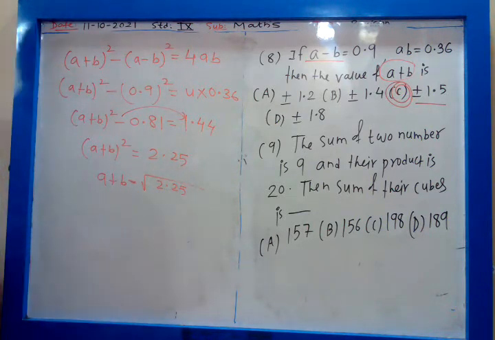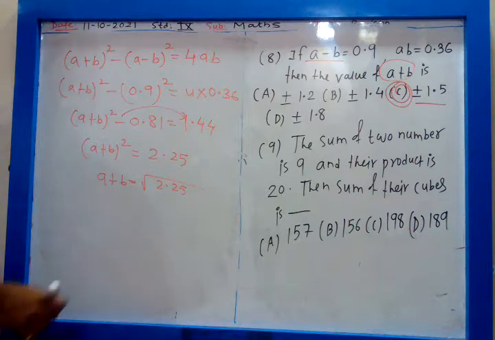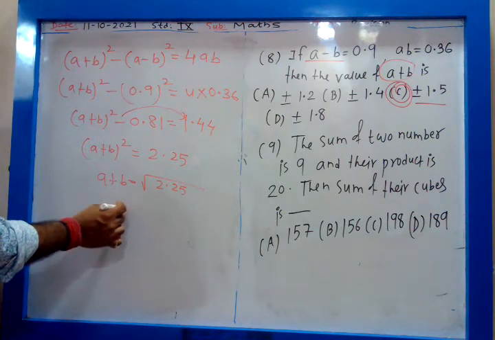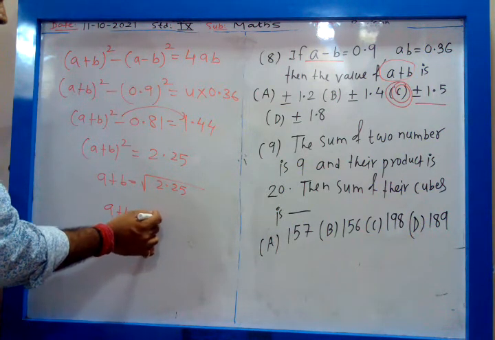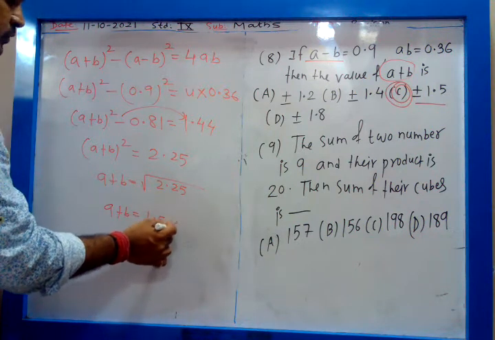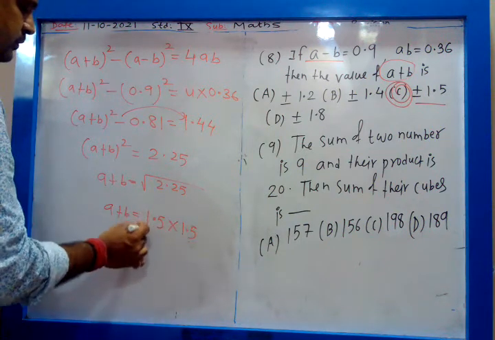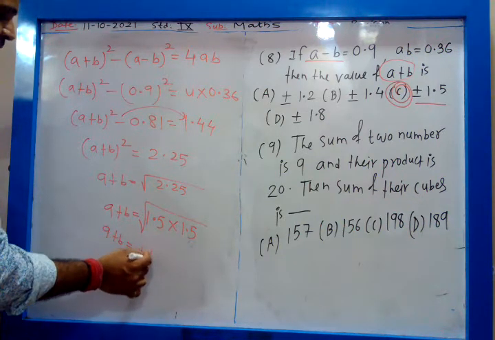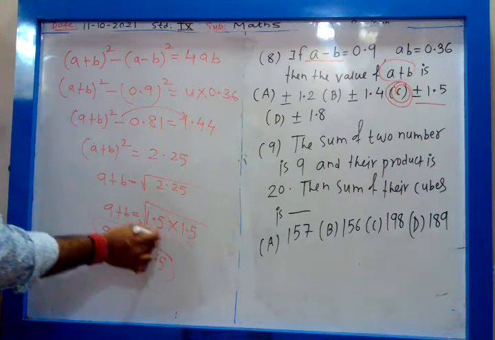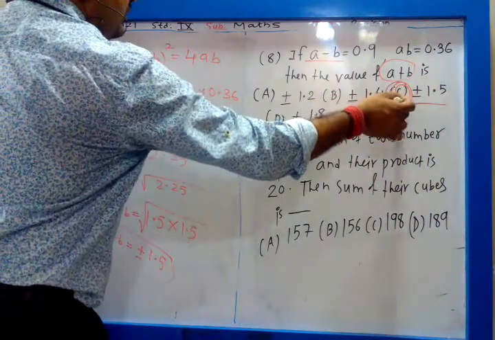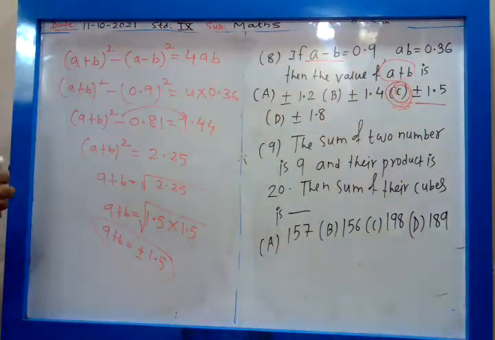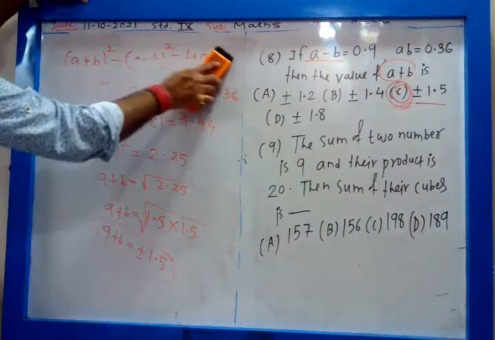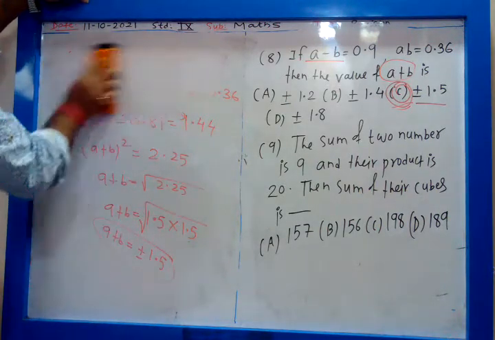We know that 225 is square of 15. So a plus b will be 1.5 into 1.5 square root, so a plus b will be plus minus 1.5. Option number C, plus minus 1.5 is the correct option.